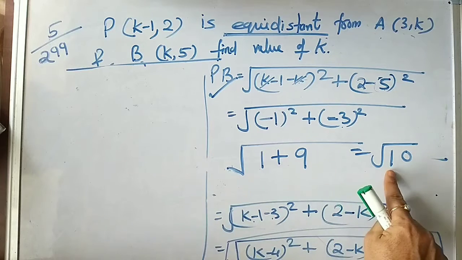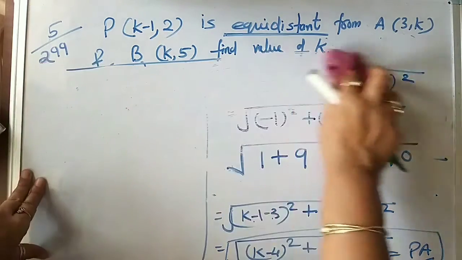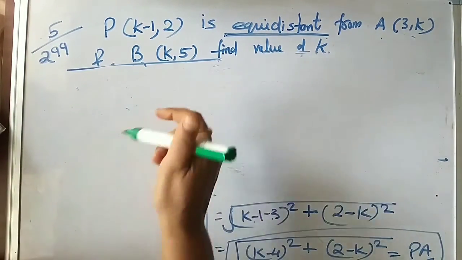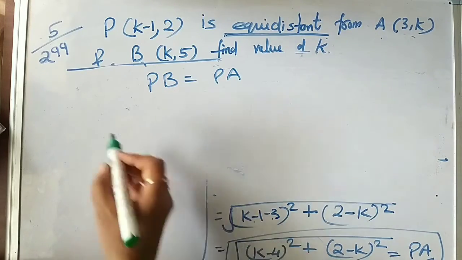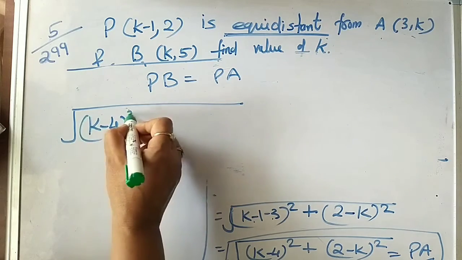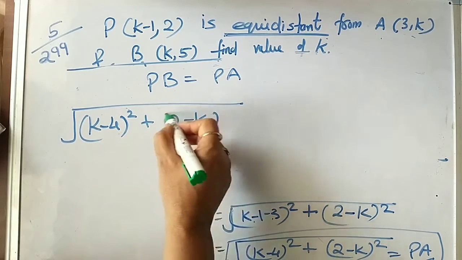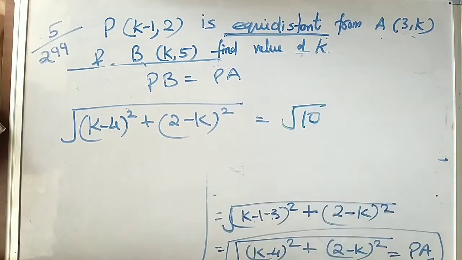So this is my PB and this was my PA. This PB is equal to PA. This is the condition. So I will write down PB is equal to PA. PA is root of k minus 4 square plus 2 minus k square, and PB we got, guys, is root 10.